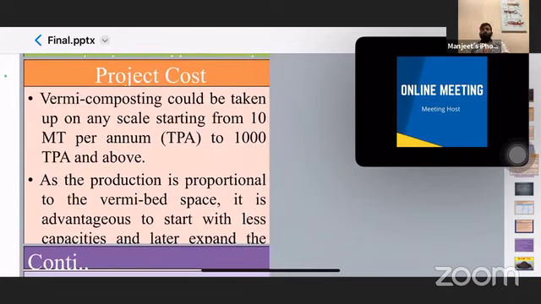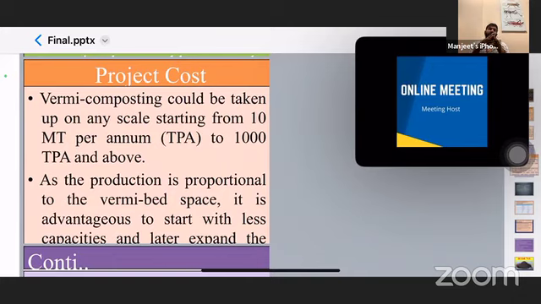Vermicompost could be taken up at any scale, starting from 10 metric tons per annum to 1,000 metric tons per annum and above. It depends upon various factors like land availability and finance.